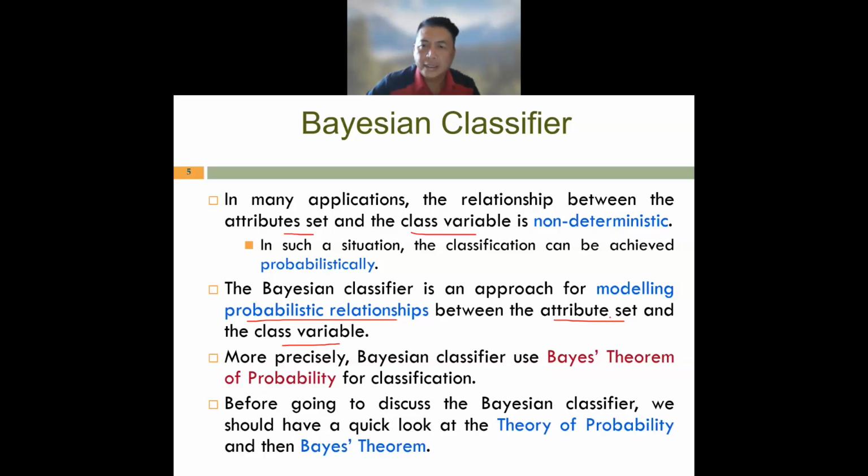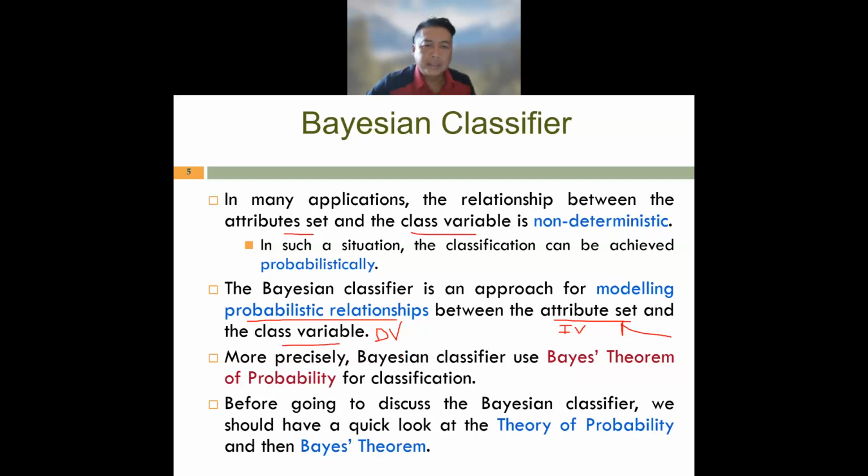The attribute set is all the independent variables, and the class variable is the dependent variable. You may have a few attributes, and then you only have one class variable.